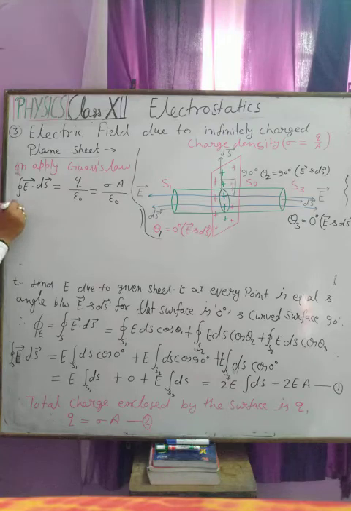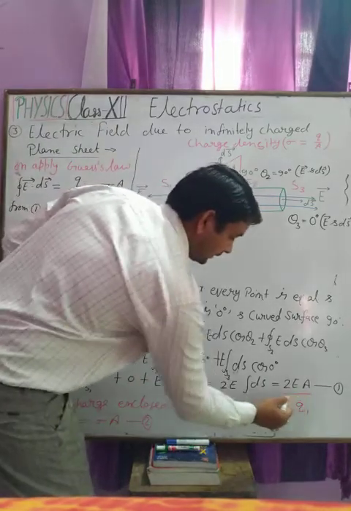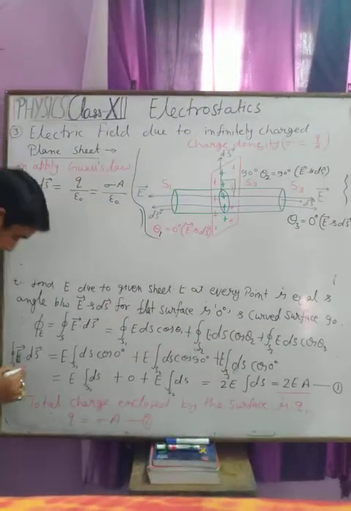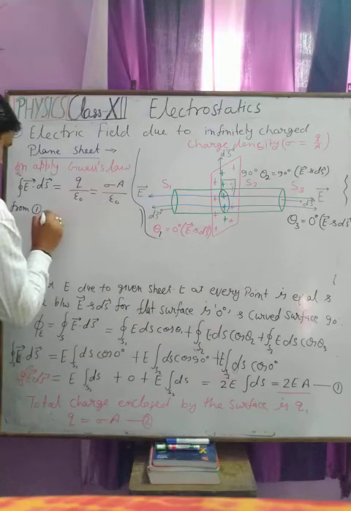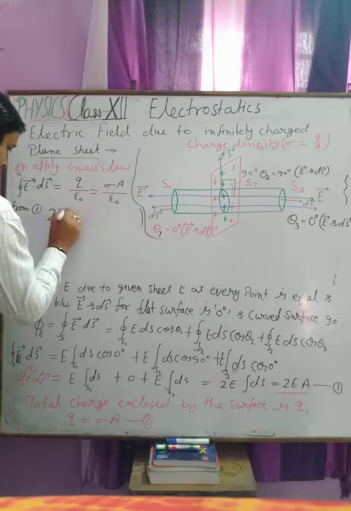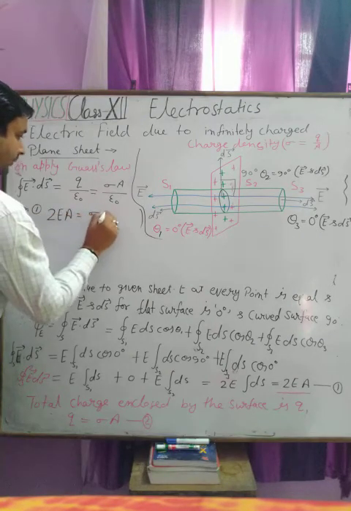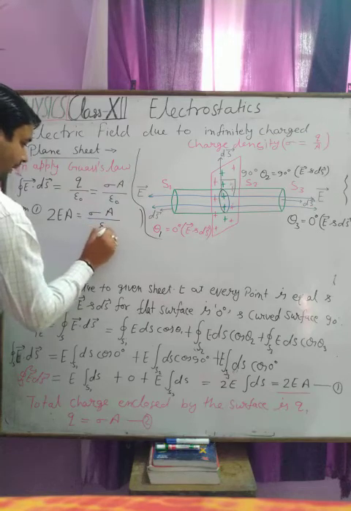But from equation 1 the value of the integral of E ds is 2EA. So using this value, 2EA is equal to sigma A upon epsilon naught.